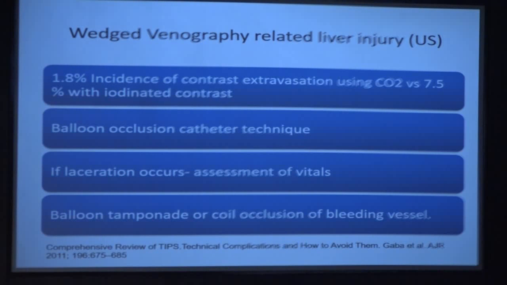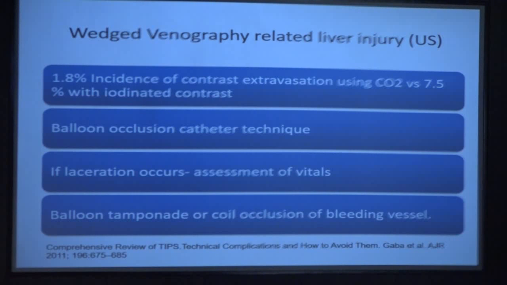The incidence of contrast extravasation with CO2 wedge venography is 1.8% and 7.5% with iodinated contrast. This is as per a study published in AJR. So maybe use of CO2 should be encouraged more and more. However, there are not many centers which have the facility available. And balloon occlusion catheter technique is preferred over the catheter being wedged into the hepatic vein.